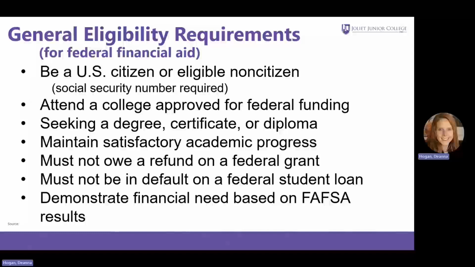They must maintain satisfactory academic progress, and that is defined differently by each school, so you'll want to check with your financial aid office on how they define this. They must not owe a refund on a federal grant. They must not be in default on a student loan, and they must demonstrate financial need as determined by FAFSA results.